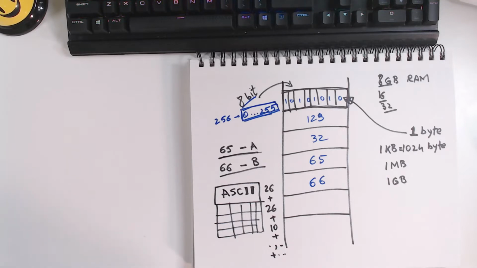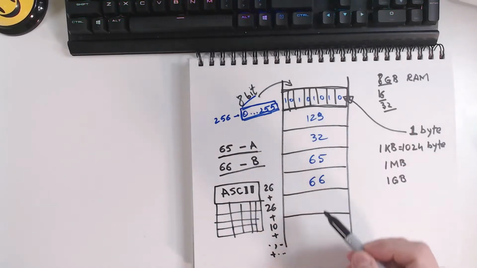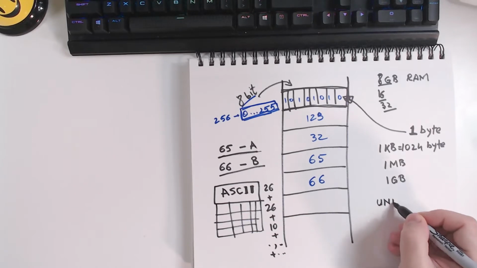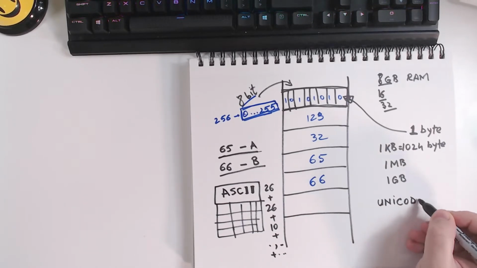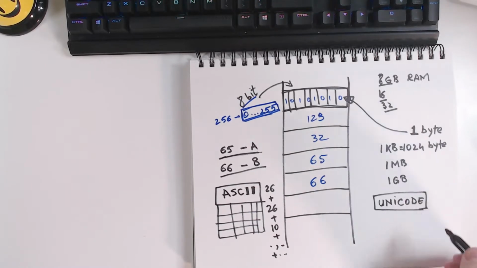And this one was used for years until very recently, because it still has a limitation. In the ASCII table, because they have a limited range of values, they couldn't store characters from other languages. But recently that was solved with a different standard called Unicode. And JavaScript, fortunately, is Unicode.